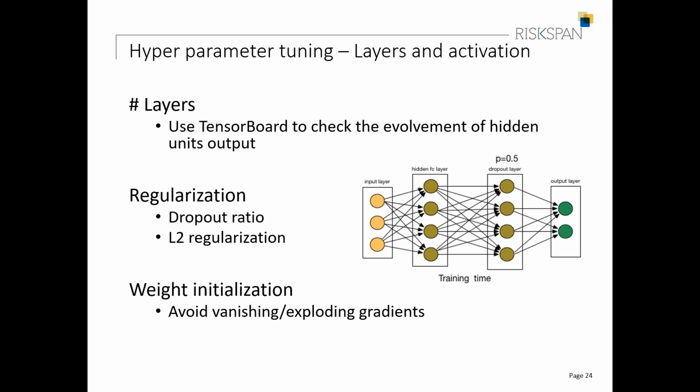For the regularization method, we use the method called dropout. Dropout means that we randomly drop out a certain number of neurons in each layer, in each iteration. For example, we can take a look at the picture on the right. The dropout layer in each iteration will randomly drop out 50%.